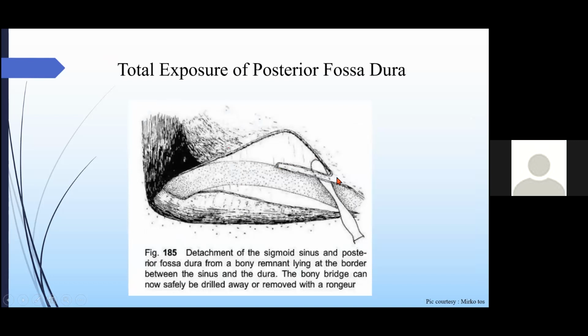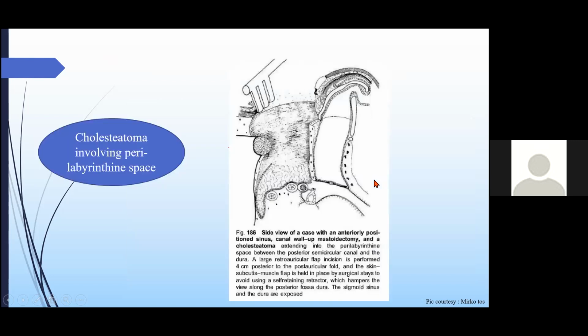Sometimes a bony tag can remain, which can be drilled or removed with the help of Freers. And also, if a cholesteatoma is involving the perilabyrinthine space, then also we have to drill and remove completely the sigmoid plate and the posterior fossa dura plate. Then only we can access the perilabyrinthine cholesteatoma extension, as you can see in this picture.